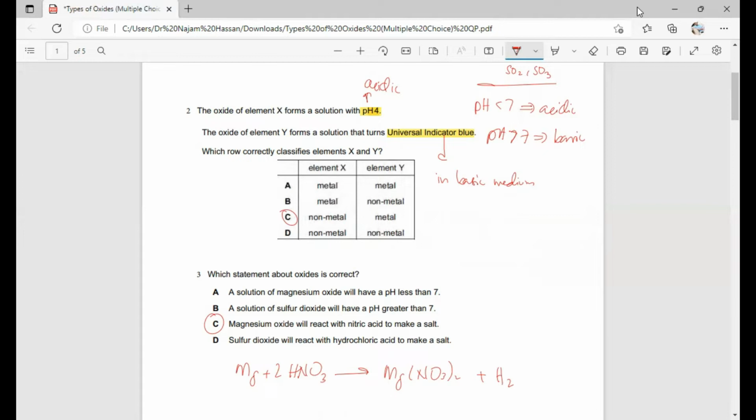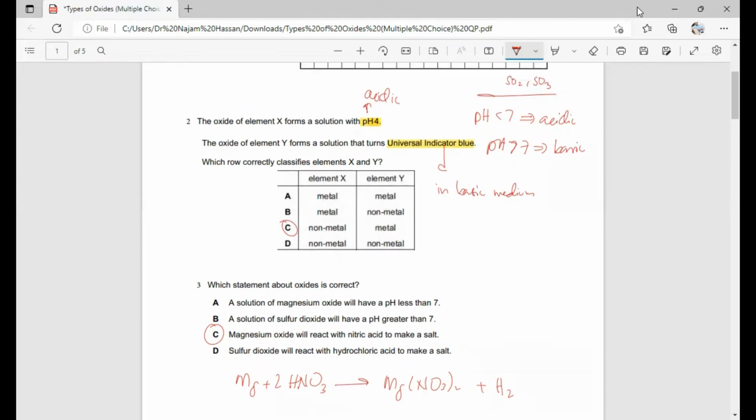Obviously, magnesium oxide is a base, and basic compounds cannot give pH less than 7. Okay, and magnesium oxide will react with nitric acid to make a salt. Basic oxide when reacting with acids gives salt and water. And metal reacts with acid to give salt and hydrogen.